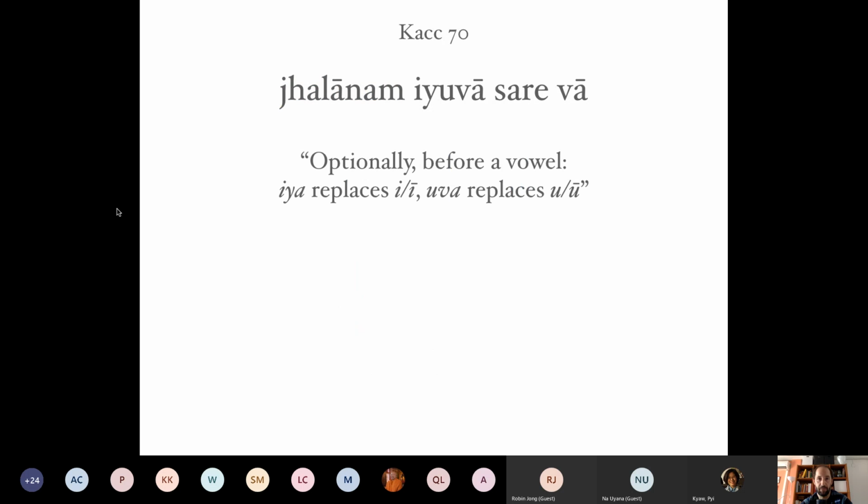So the final meaning of the sutta, in my provisional translation, I think it more or less makes sense, would be: optionally, before a vowel, ia replaces i or ii, and uva replaces u or uu. Optionally stands for va, means or.